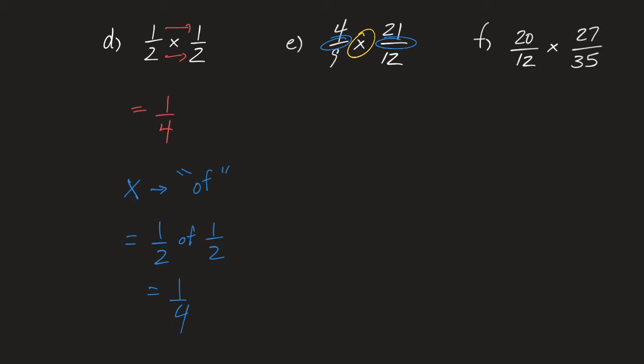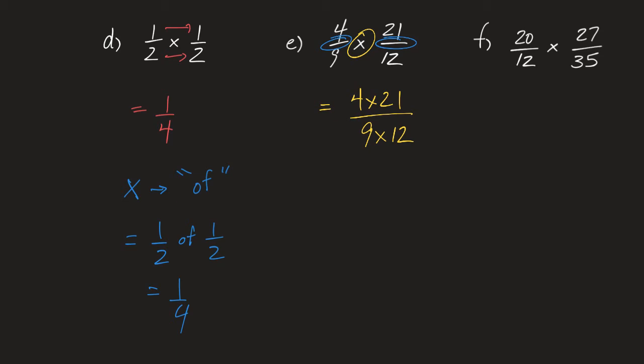And BEDMAS says I get to do any one I want. So in theory, this is my expression. Notice there is my 84 over 108. But rather than doing the multiplies that I see first, I'm going to focus on my divide.